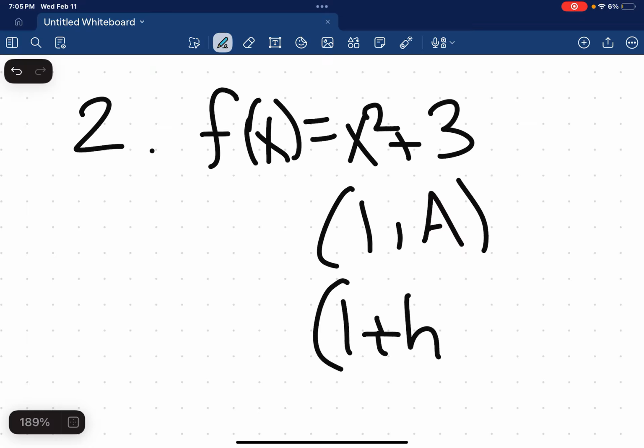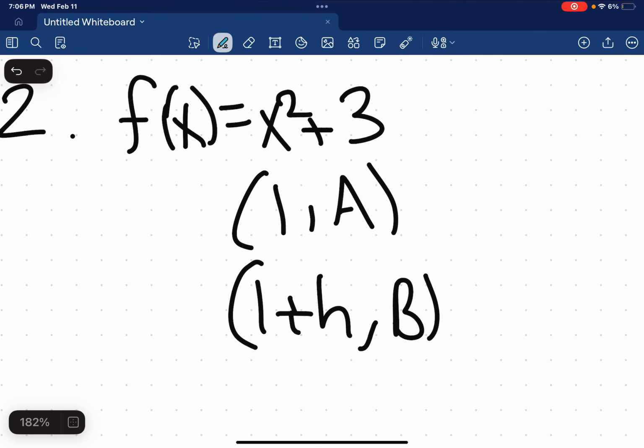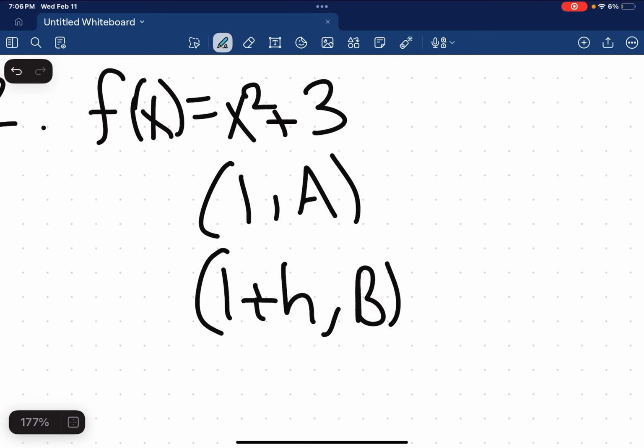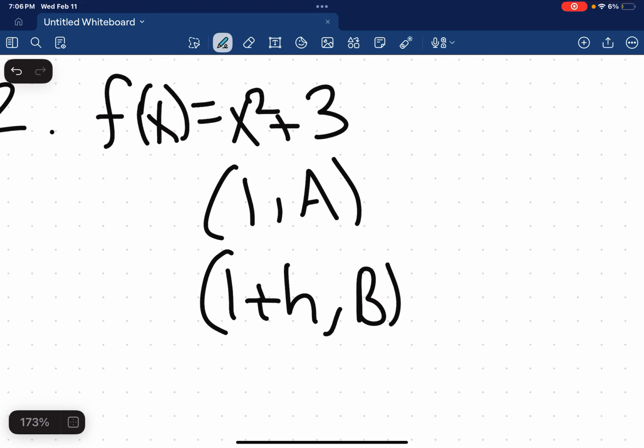Find in terms of h the gradient of the secant line AB. Hence deduce the gradient of the tangent to f of x at A. Confusing for no reason, but that's fine. So let's go ahead.